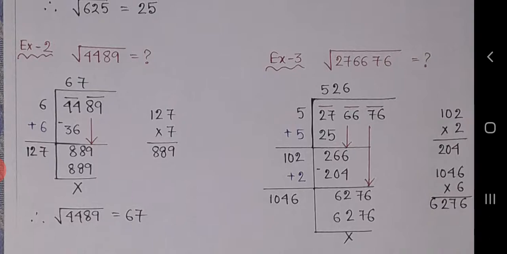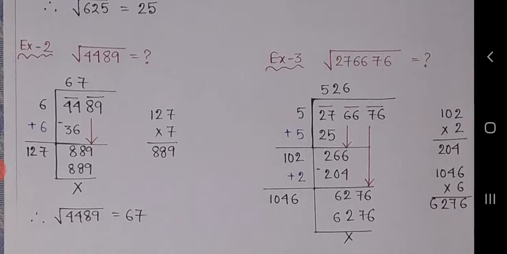That means 6 square. So we have to write 6 in the left and in the above, and the product 36 below the digit 44. And next we have to add below. Adding 6 with 6 we shall get 12, and subtracting 36 from 44 we get 8.